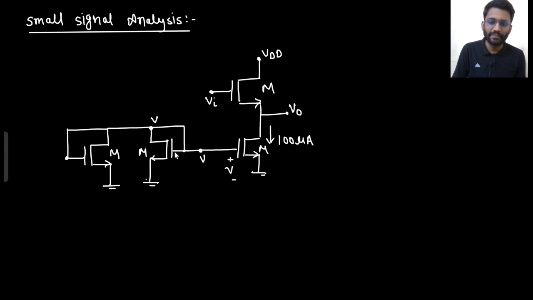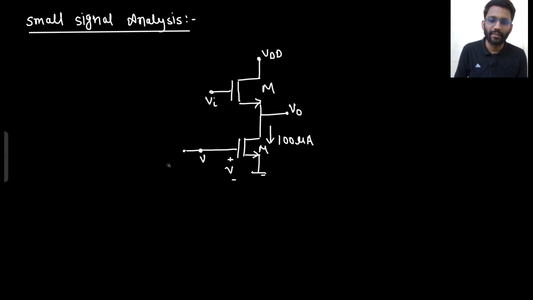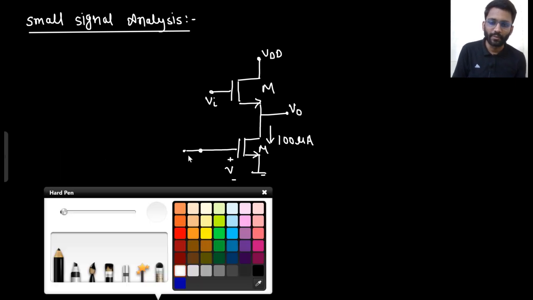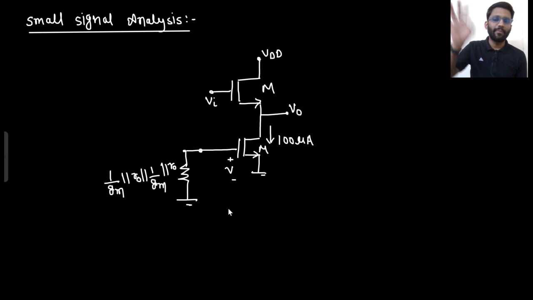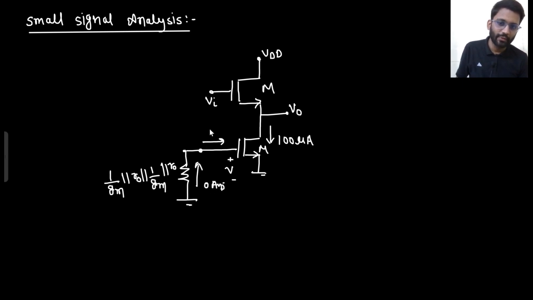From V to ground, you are having 1 by gm parallel with ro parallel with 1 by gm parallel with ro. Whatever the impedance you are having here, does that matter? No, because this is 0 ampere current. If this is 0 ampere current, this will also be 0 ampere current. That means this node will be grounded only.